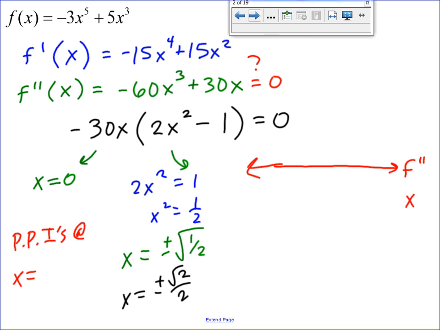Let's just start over. Root 2 over 2 and 0. All right. So that's what's going to go on our list. So negative root 2 over 2, 0, root 2 over 2.